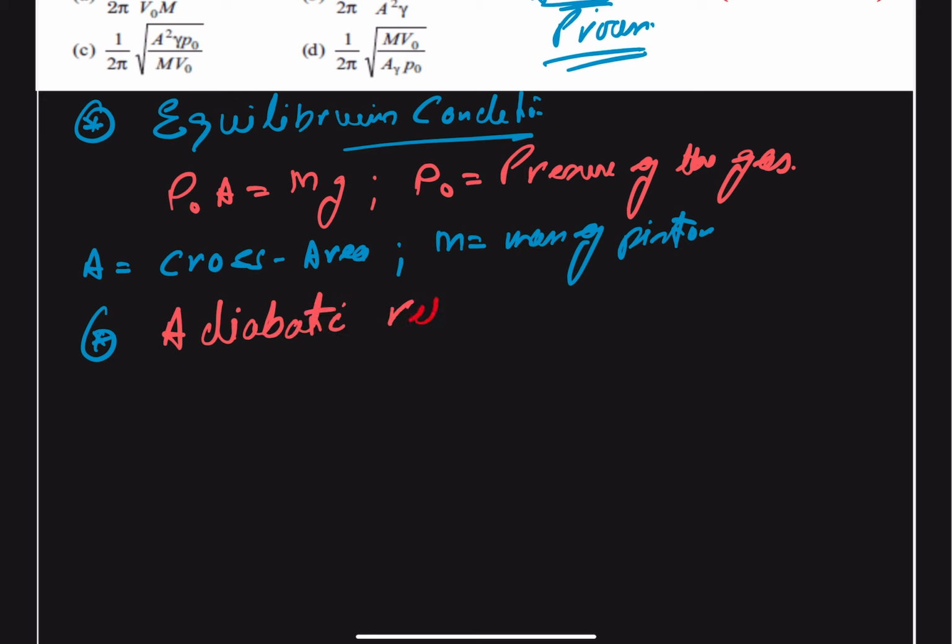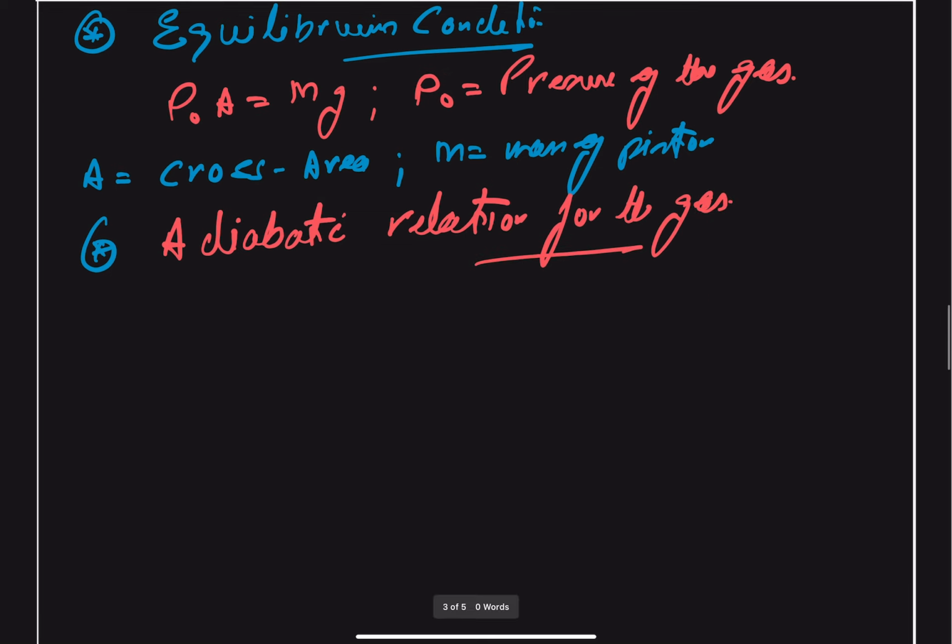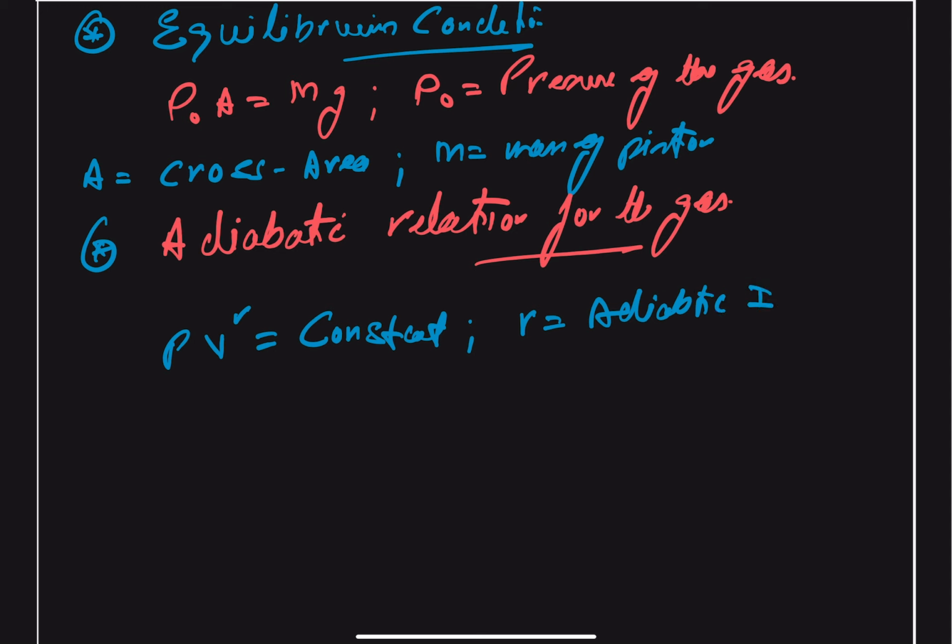We know that pressure times volume raised to power gamma is equal to constant, where this gamma is the adiabatic index, and it will be equal to Cp by Cv.